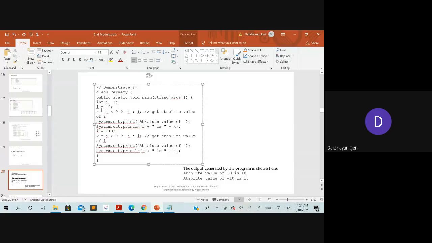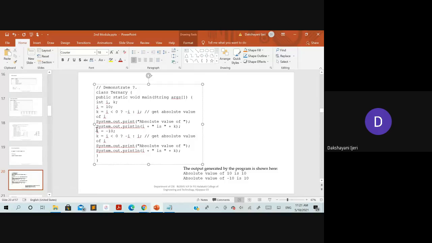So i is 10, is i less than 0? No, right? So this will not be executed. Instead, this is going to be executed. That means k will be initialized directly with i, that is 10. You can see that value has been printed. The absolute value of i, which is k, is printed here. So you can see 10 is printed.